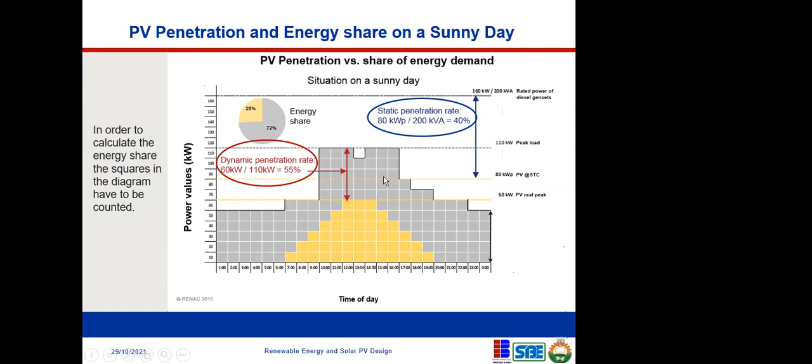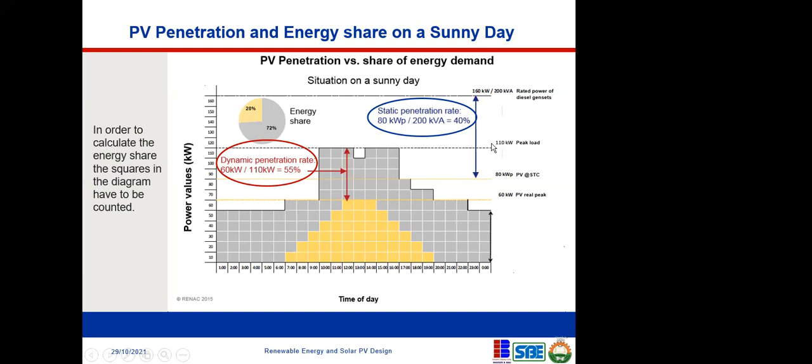Okay, so in this case, we have a diesel generator that is rated 160 kilowatts. 160 kilowatts is the real power output, whereas the apparent power output is 200 kVA. So this generator is 160 kilowatts that is installed.